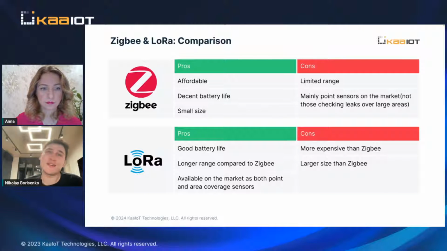Range is one of the most important things: you can have one gateway which will cover, I don't know, 500 square meters in a capital building with big walls, and you never get such results with any other technology.